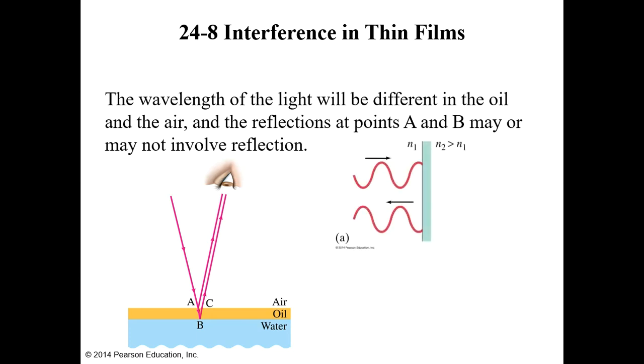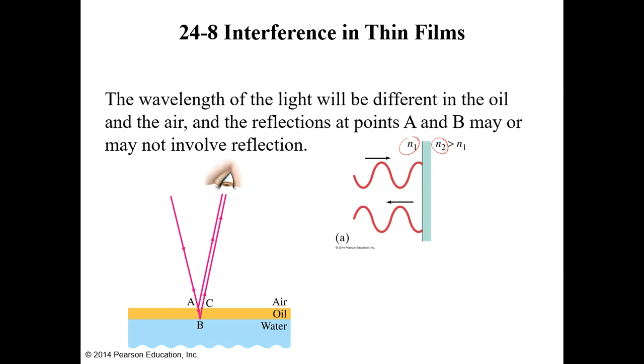Now, we need to look at a couple of things before we can analyze what's going to happen. When a wave moves in from some index of refraction n1 and hits a second index of refraction n2, the wave reflects. It turns out that if the index of refraction of the reflecting layer is greater than that of the incident medium, then the reflection is going to switch phases.